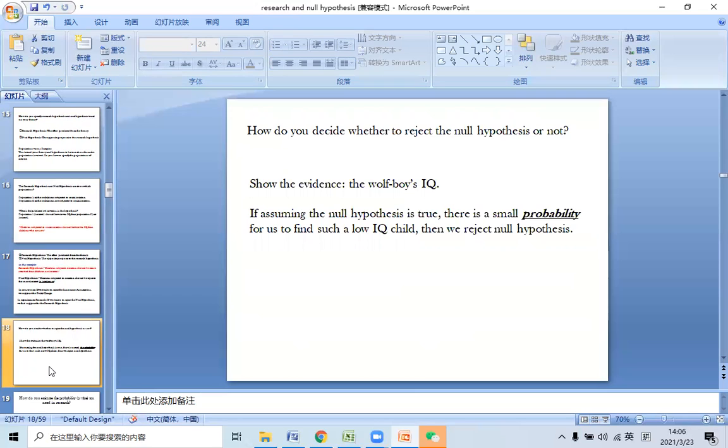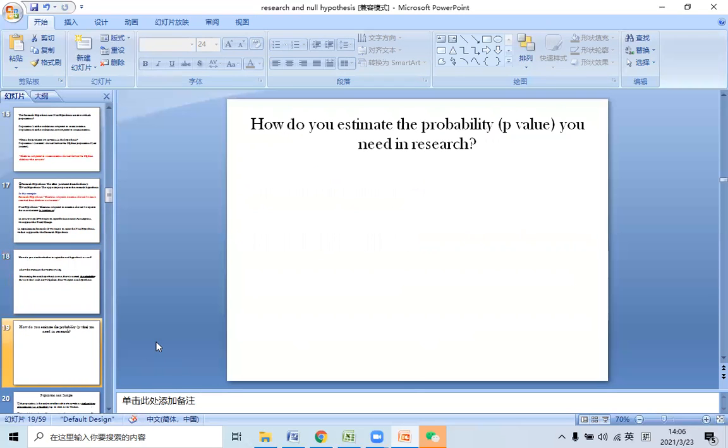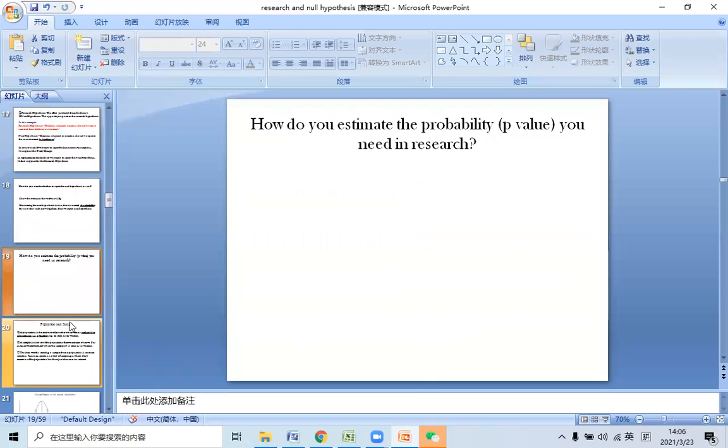And how do you do that? You show the evidence. Your evidence is the wolf boy's IQ. You have measured this boy's IQ, and he has been isolated since birth. How would you use evidence to reject the null hypothesis?